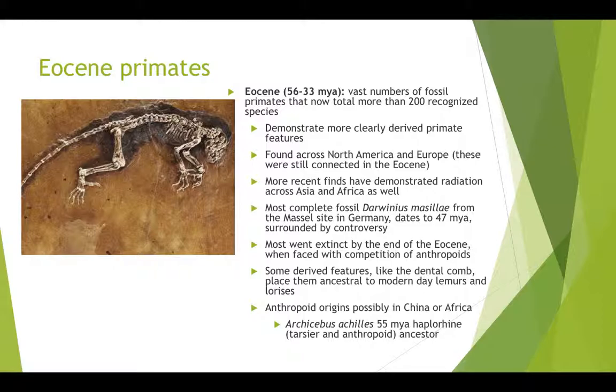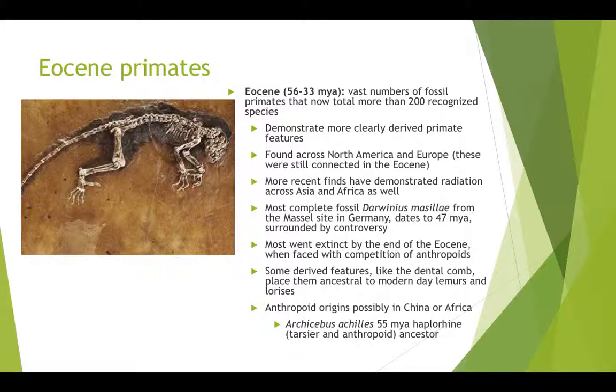Most of them are incredibly primitive, but there are some derived features like the dental comb, which are these incisors that are very close together, predominantly on the lower jaw, that help to comb through substrate to get insects out and such. Modern day prosimians possess this dental comb, or some of the species do. So this dental comb places at least a few of these specimens as ancestral to modern day lemurs and lorises.